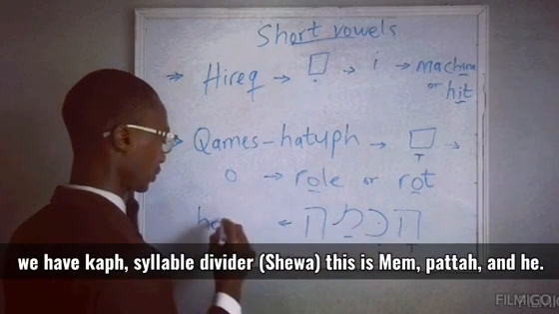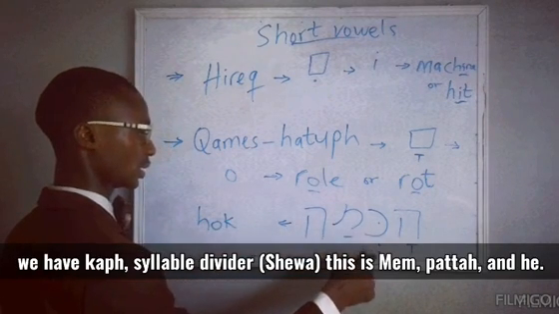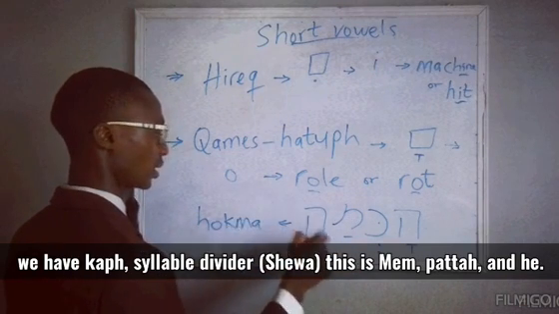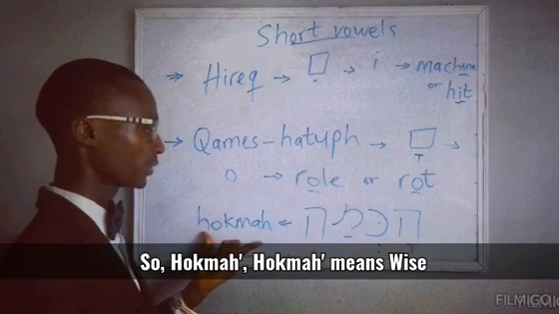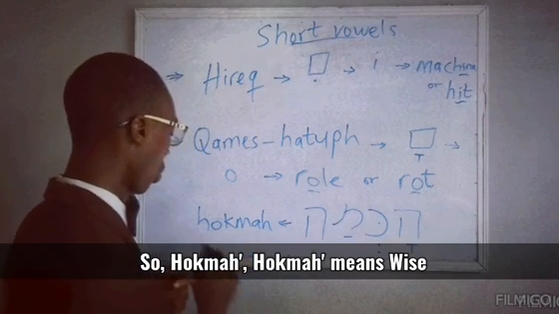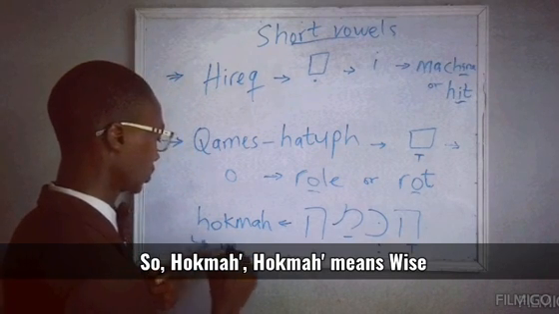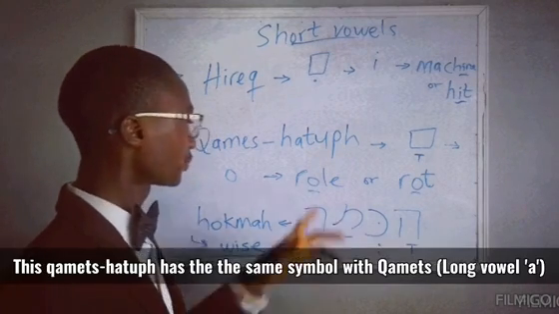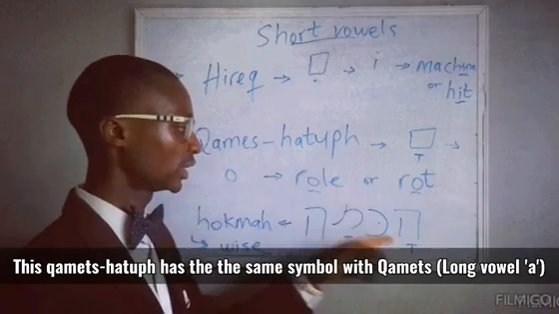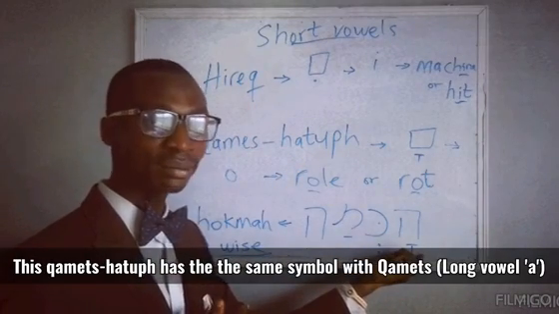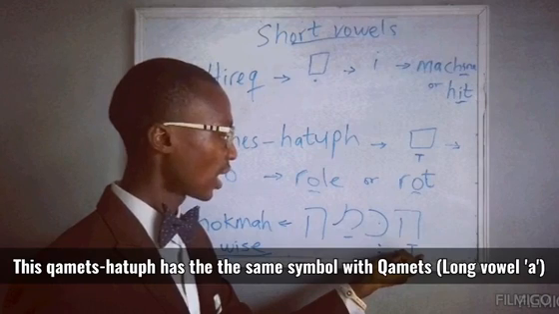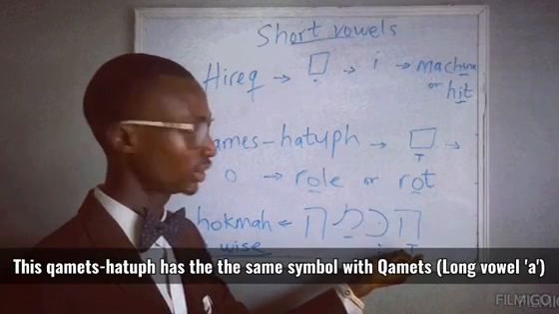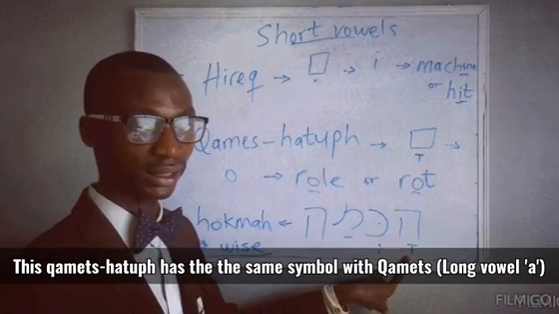And we have this syllable divider. We have mem, we have ma. So okuma, and okuma means wise. Alright, so now this Kamet Atef has the same symbol as the long vowel, which is Kamet.